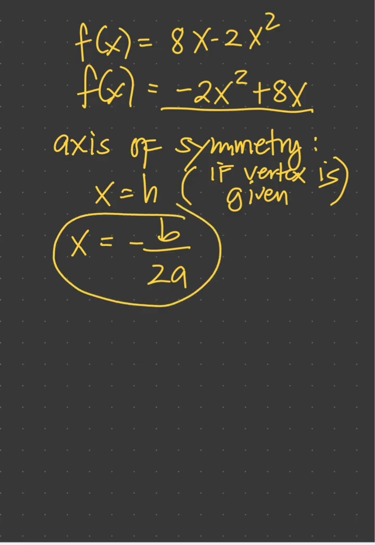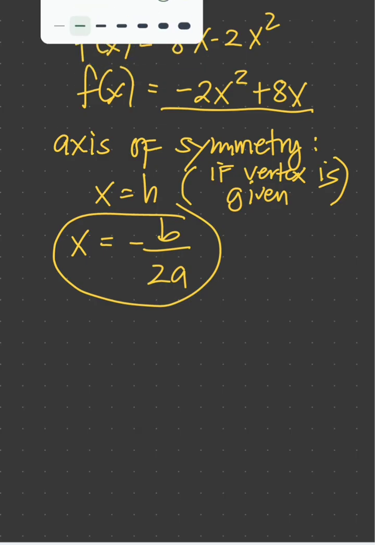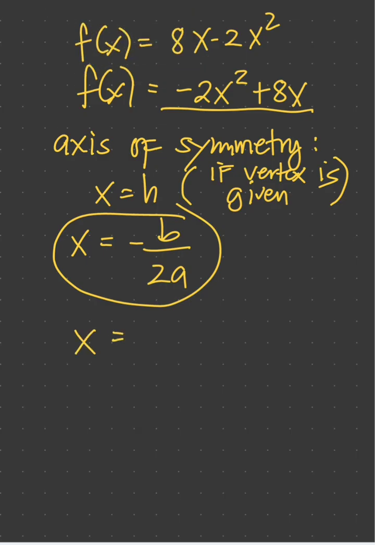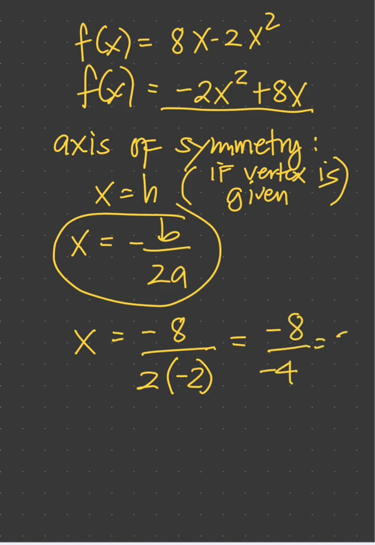Alright? So what is the value of b here? That is negative 8 over 2 times, what is a? Negative 2. It's negative 2, so you should include the sign. So this is negative 8 over negative 4. So this is 2.